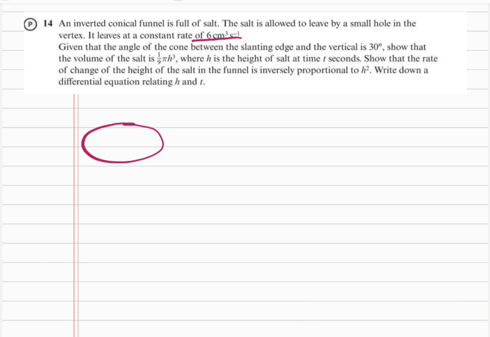So it's going to be something like this. And now remember that what we have here is actually about the angle that is between the slanting edge and the vertical.